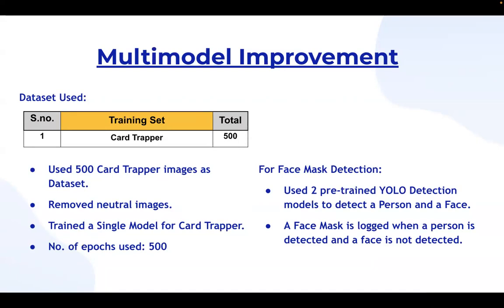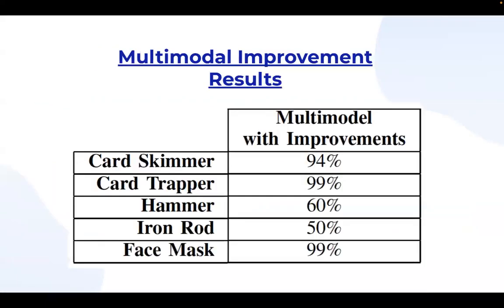For example, if a person is detected and a face is not detected, then it means the face mask is on. If a person is detected and a face is detected, then the face mask is not on. The result of this approach was pretty good, where we improved the accuracy for card trapper and face mask by a lot. We got around 99%, and card skimmer is around 94%.